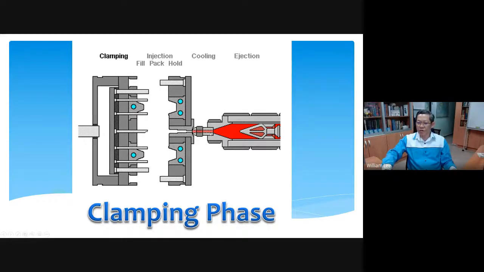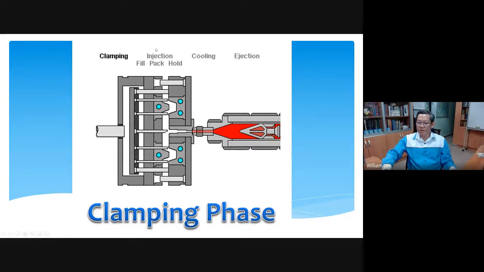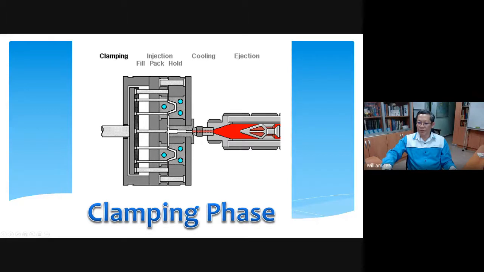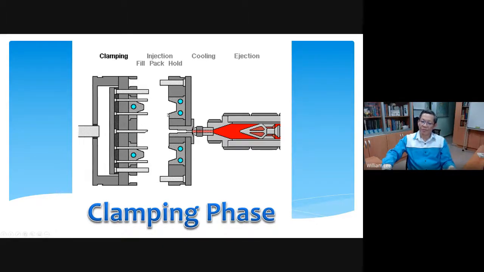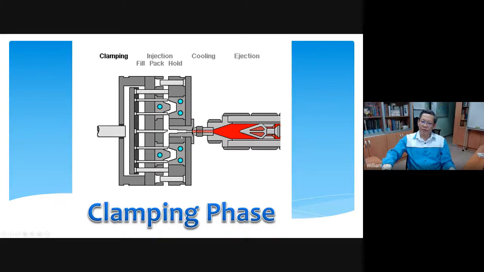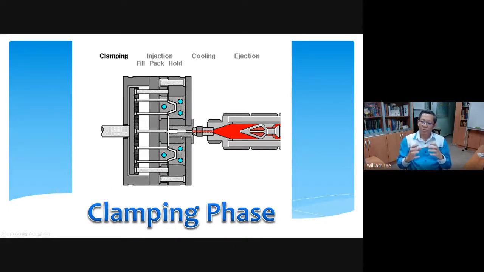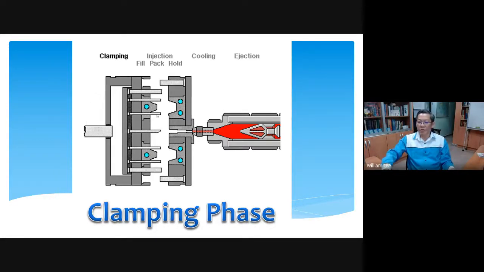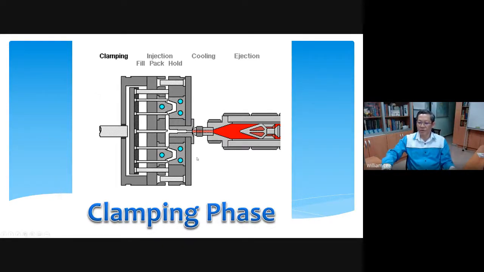When you pump in plastic during the injection phase, you build up internal pressure that tries to open the mold. Therefore, clamping must build up the force to close the mold. Otherwise, the plastic might zip out and give you some extra material. We call this flashing.